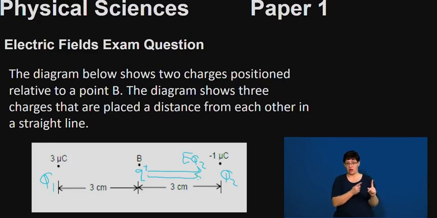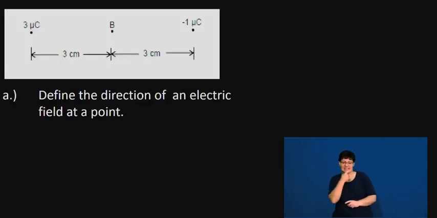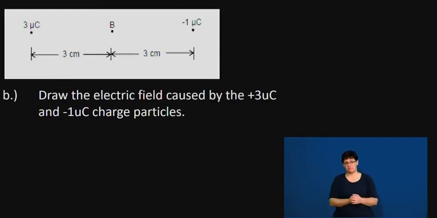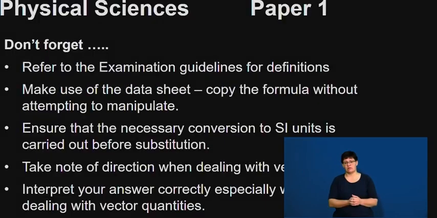And then this is E due to Q1. So the vector nature of these quantities, your electrostatic force, your electric field at a point, is what we want to emphasize as far as possible.